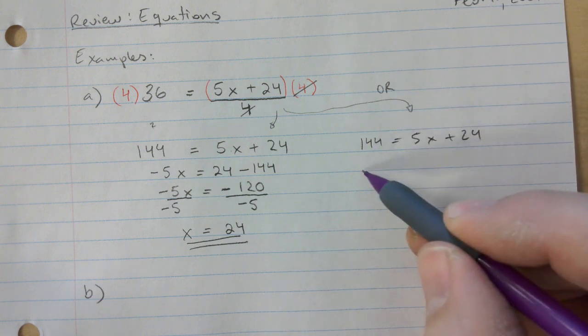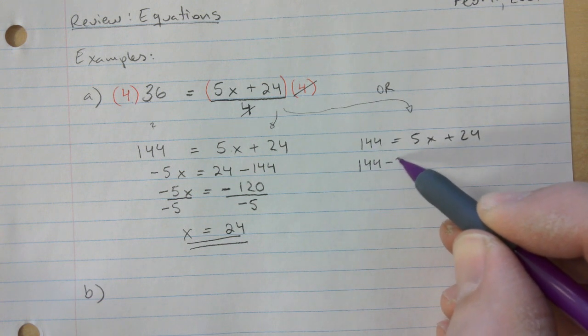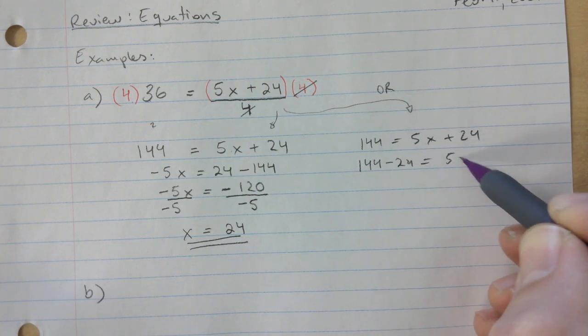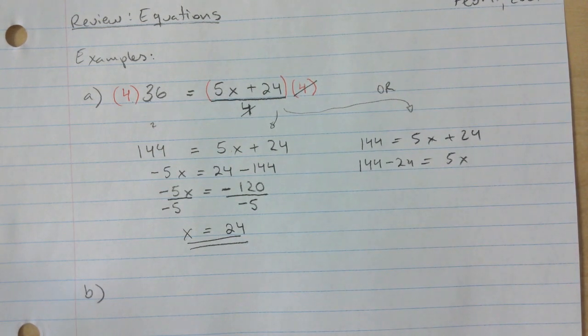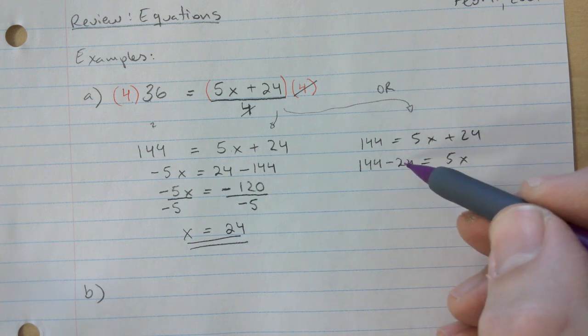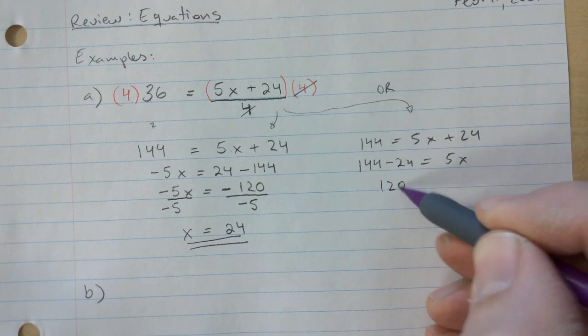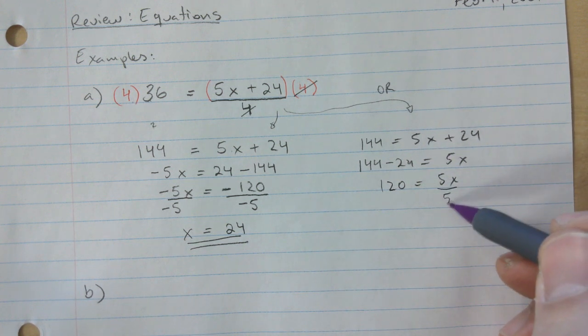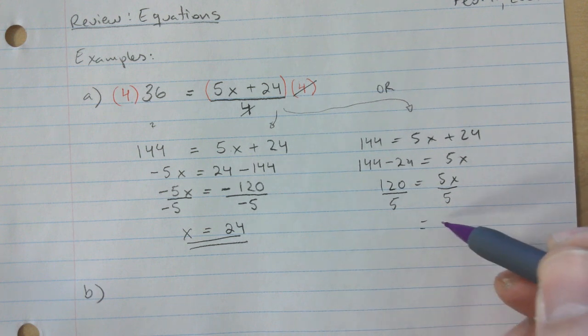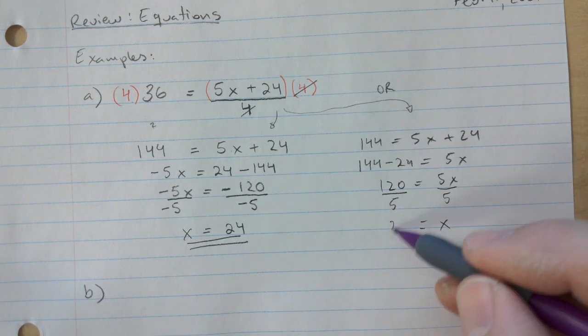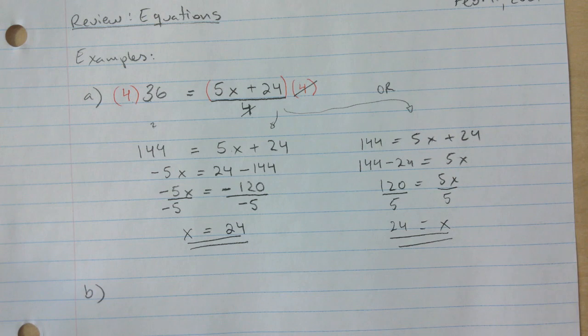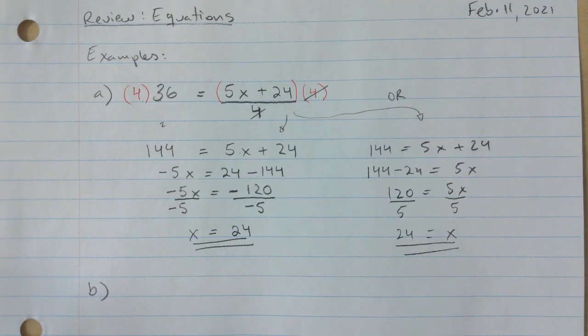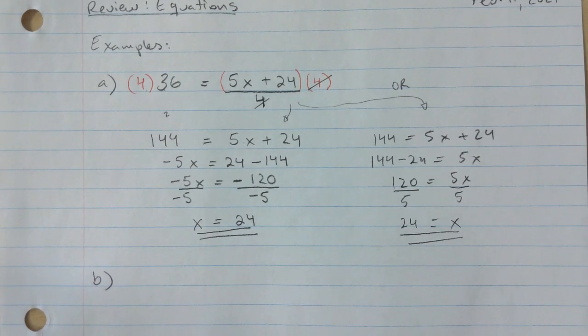If you just want to bring the 24 over and leave the 5x on that side, so you don't have to worry about the negatives, right? So it's 144 minus 24, that's 120, and you see that it will look exactly the same, except for your variables on this side. Okay, so both are acceptable. There's no right or wrong when it comes to where the variable is. They're both saying the exact same thing, right?